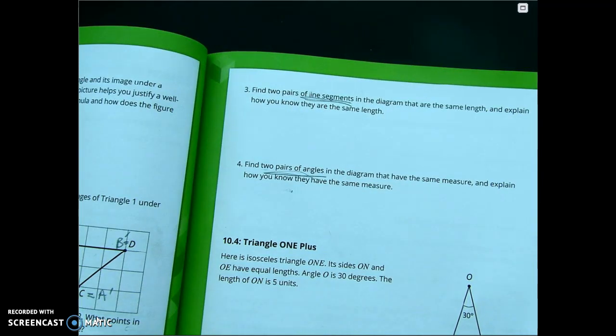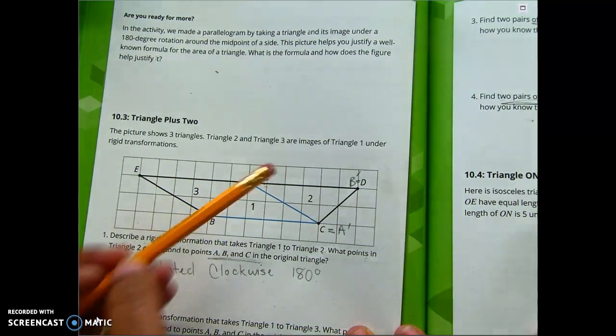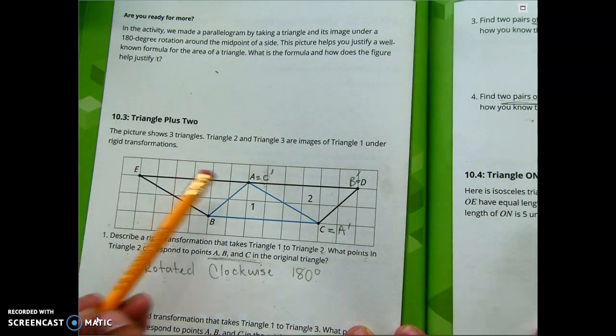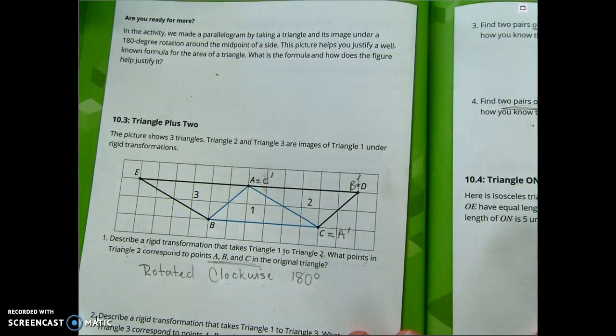So I'm going to do line segments, and I want you to apply the same thing to angles. So what you're going to do is you're going to look here, and this is my diagram, and when you do number 2, you'll have the corresponding parts here just like you do from 1.